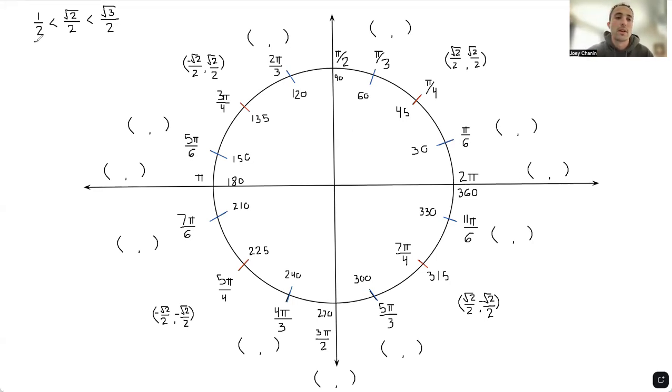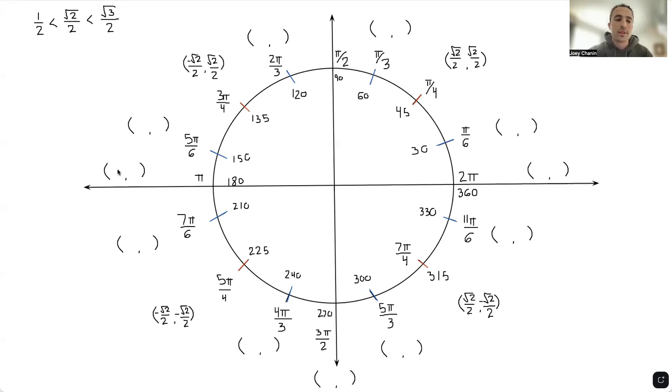If we go up here to this inequality I have, we already handled the root 2 over 2 case. But if we simply use the fact that root 3 over 2 is bigger than 1/2, which should be intuitive because root 3 is bigger than 1, we can fill in everything here, right? And I'll show you what I mean.